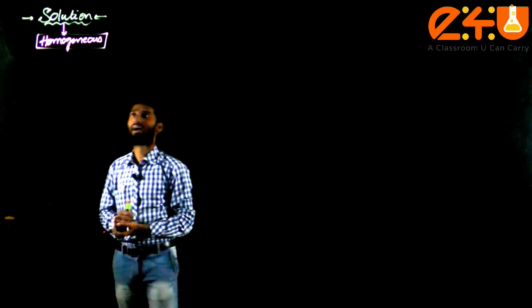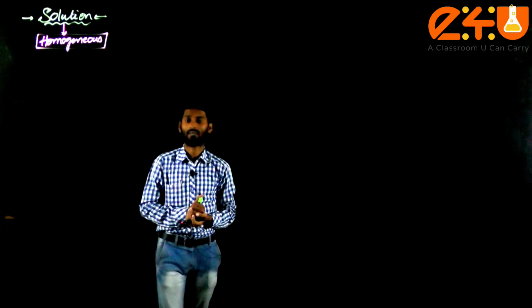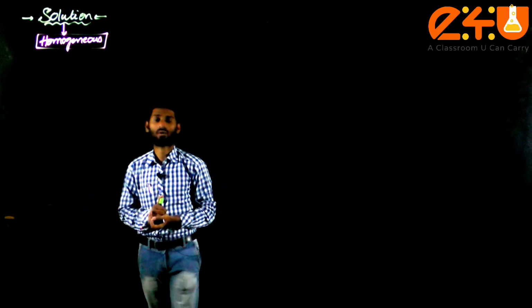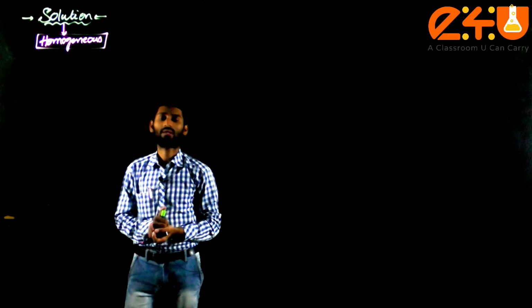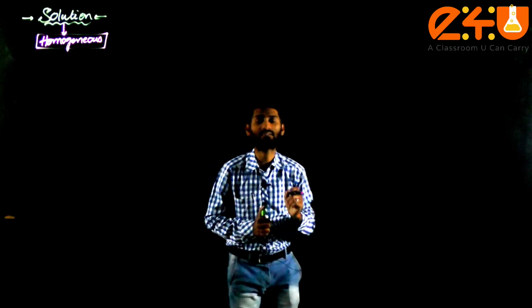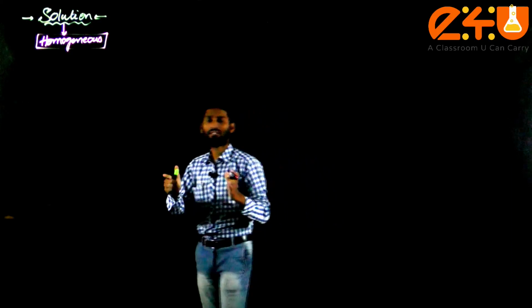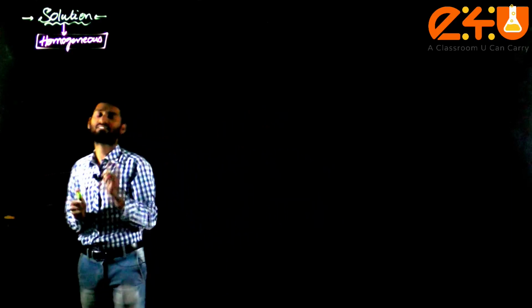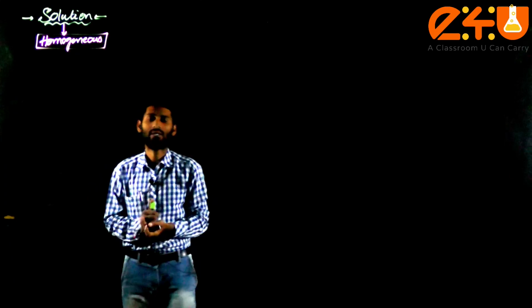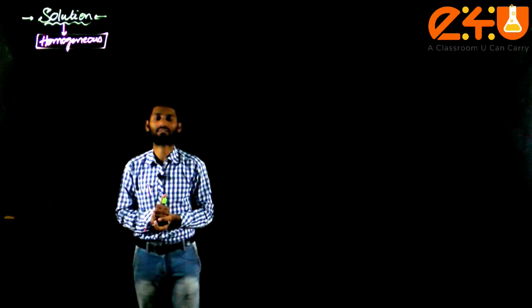Now we can define the solution. A homogeneous mixture of two or more components or substances whose composition may be varied within certain limits, at particular limits only, is known as a solution. Why do we use the last term, variable within certain limits?